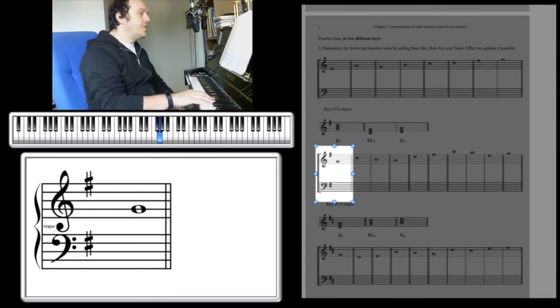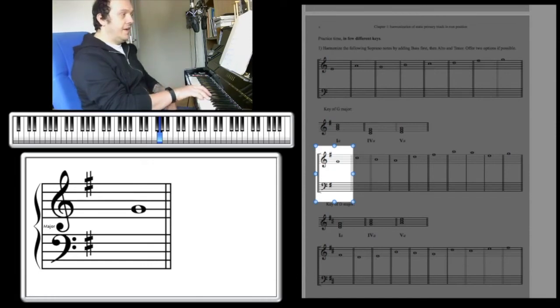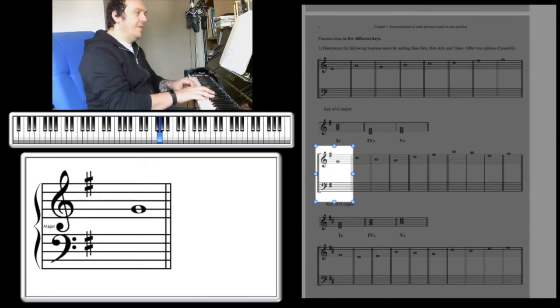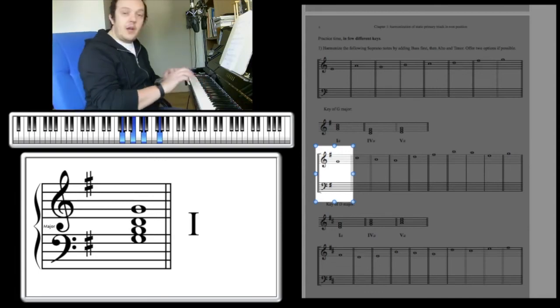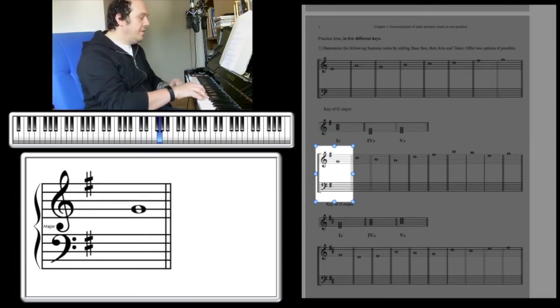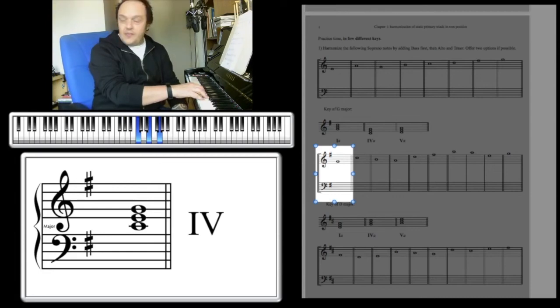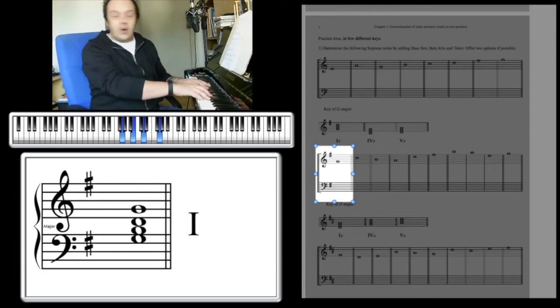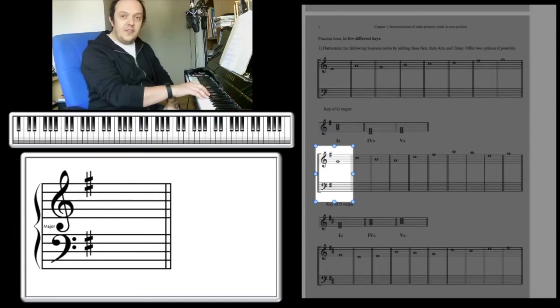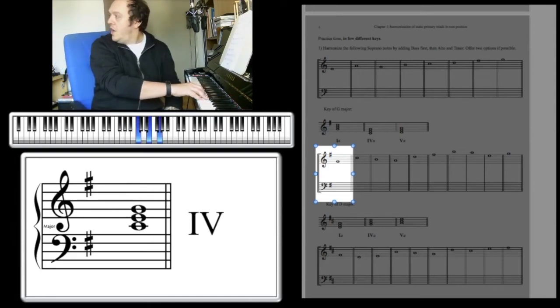So you ask yourselves, what chord does that note belong to? Well, in the key of G, it's the root of G major, but it could also be the 5th of C major. It's either the root of 1 or the 5th of 4.